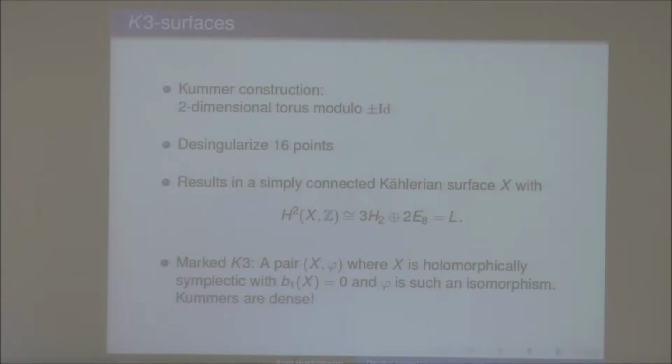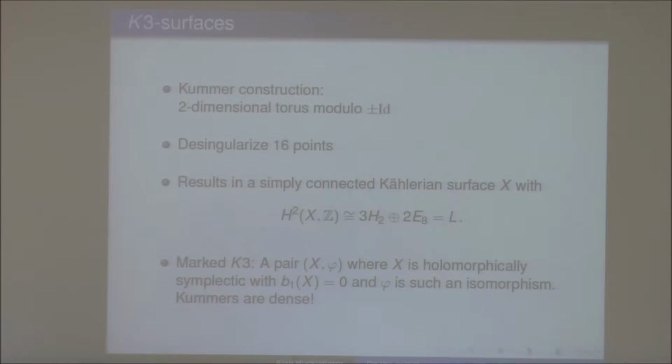There's a holomorphic 2-0 form here. And in fact, it's enough to characterize these manifolds in a good way to assume the first Betti number is 0. They are in fact simply connected. Okay, so a marked K3 is a pair X, phi, where phi is a choice of isomorphism of H2 to this fixed lattice.